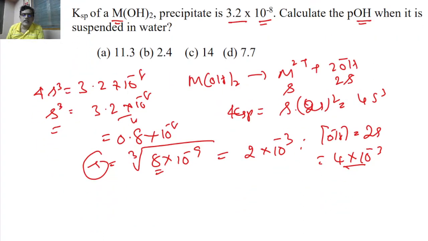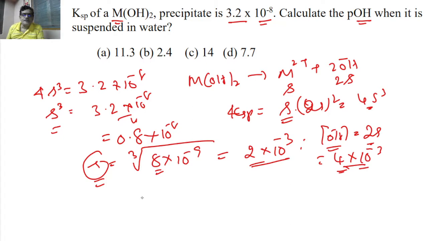First, I have calculated the S value, that is solubility. You have to use the relation 4S cube is equal to Ksp for this, because it is an AB2 type of salt, and we get S as 2 × 10^-3, but the concentration of OH- is 2S, that is 4 × 10^-3.